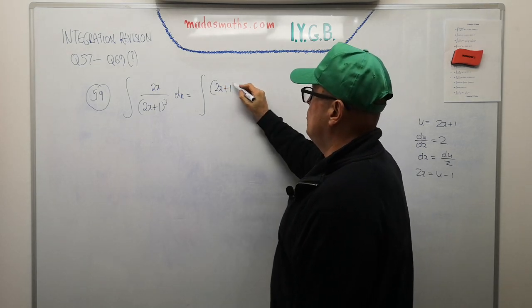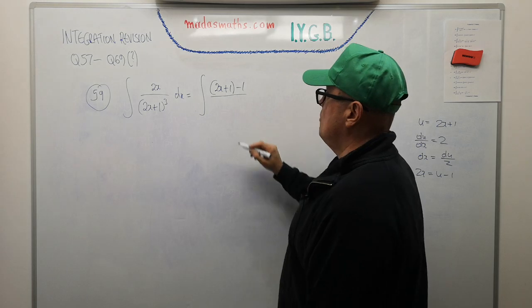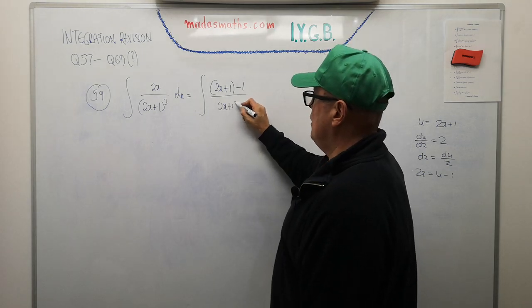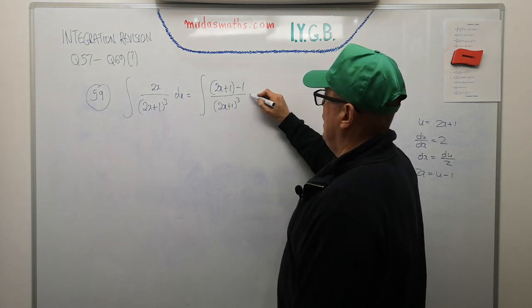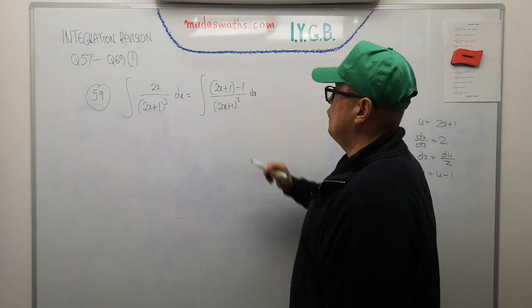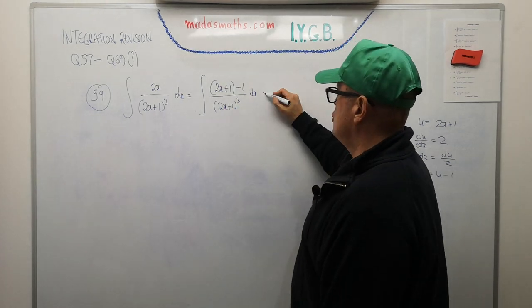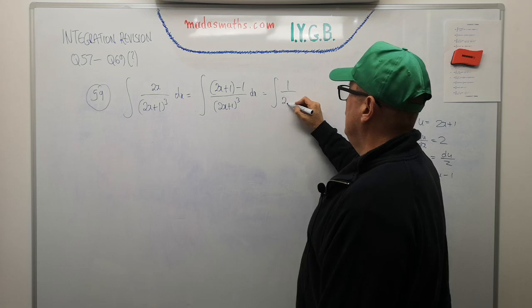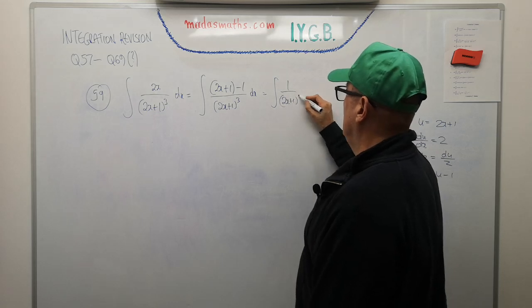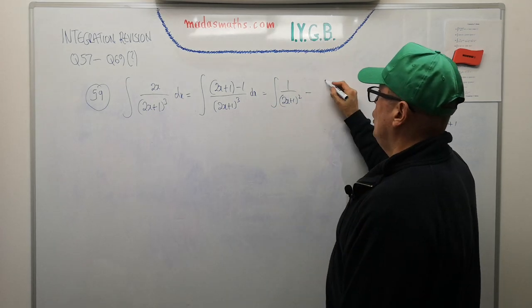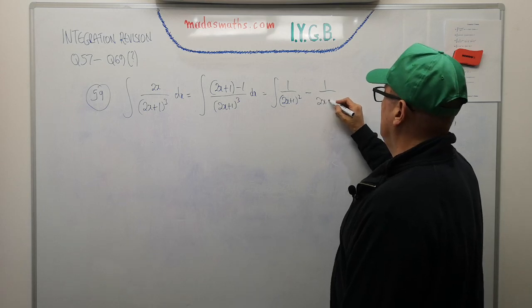I'm going to put 2x plus 1 minus 1 on the numerator, and then 2x plus 1 as it was at the bottom. Now I'm going to split the fraction. That divided by that should give me 1 over 2x plus 1 all squared minus 1 over 2x plus 1 all cubed.